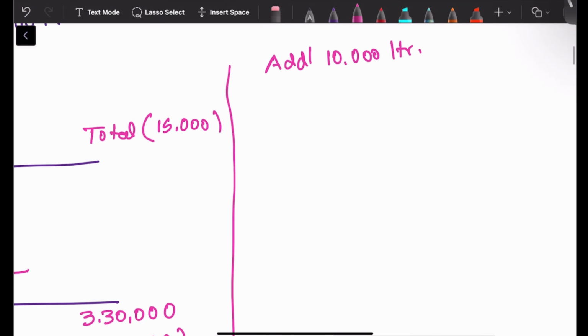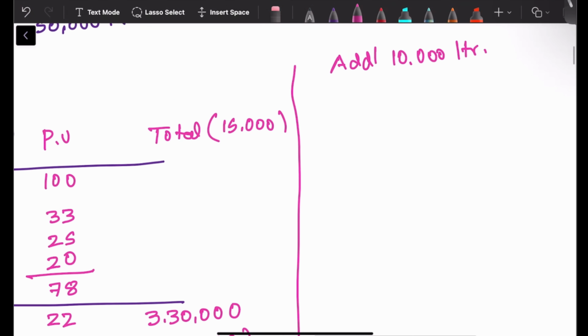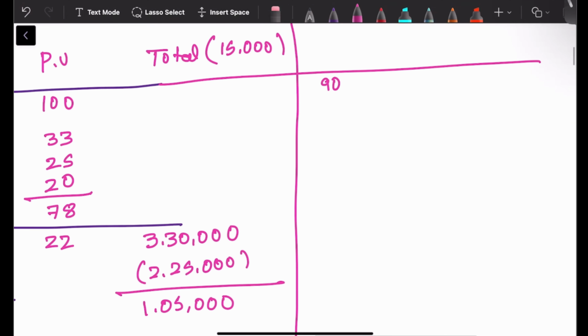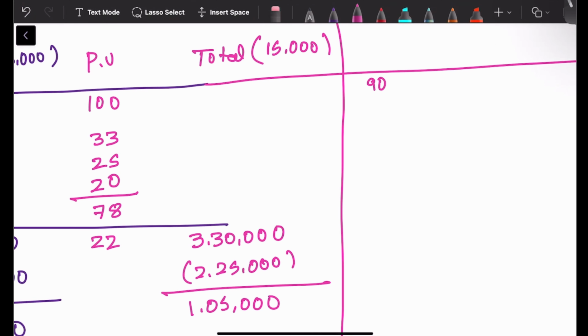So additional 10,000 liter, my selling price is restricted at 90 per liter. It is not 100. Then my variable cost is not changing. It is 78. So my contribution remaining is 12. So 12 into 10,000, 1,20,000 is my contribution from this additional order.